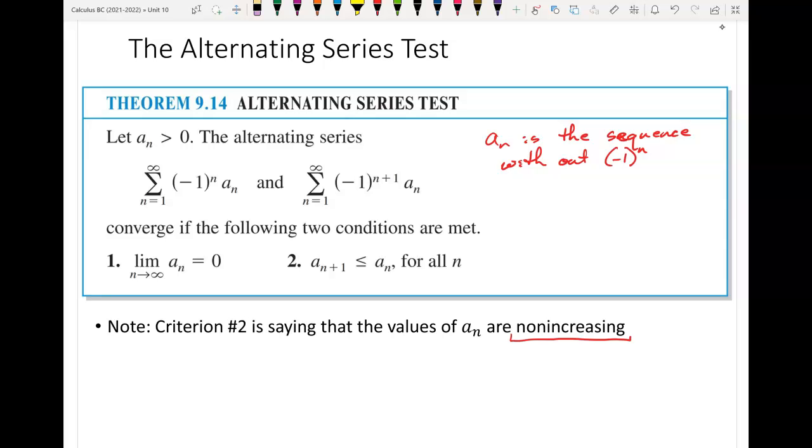In any of those possibilities, this series is going to diverge. To converge, both have to be met. Both have to be true. So both conditions have to be met for convergence. If any of them are not true, then the series diverges.